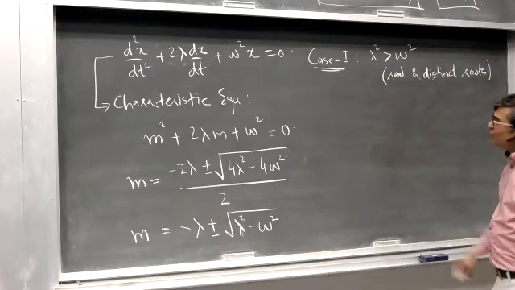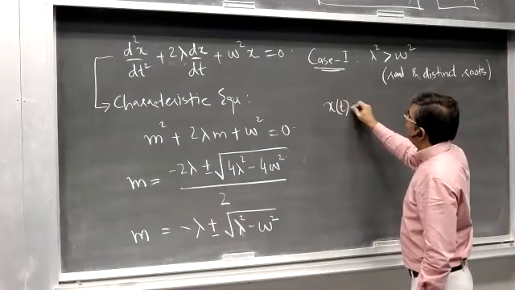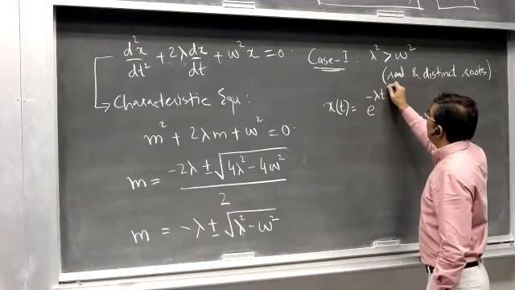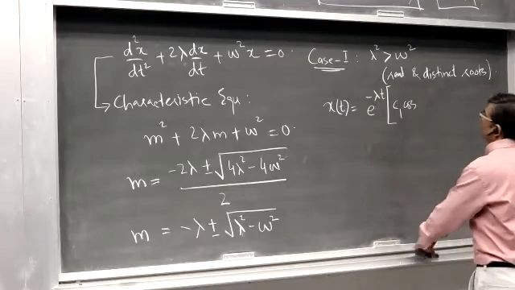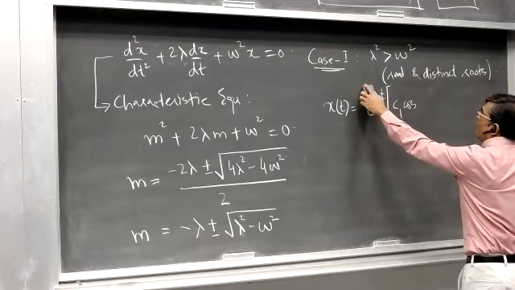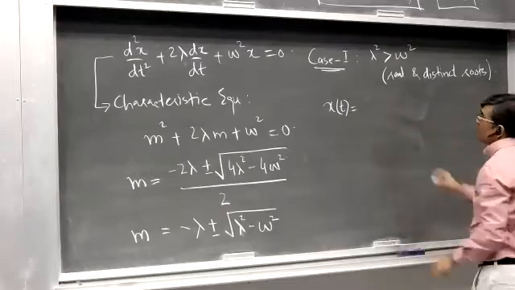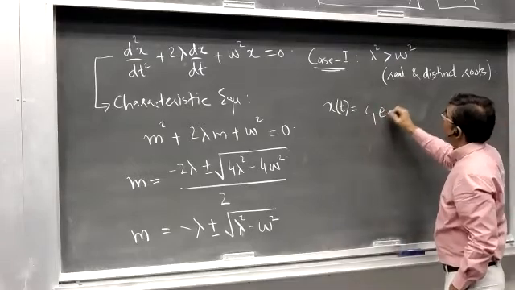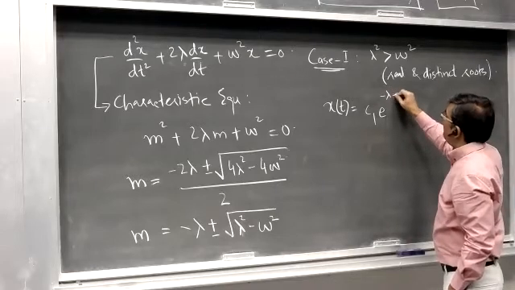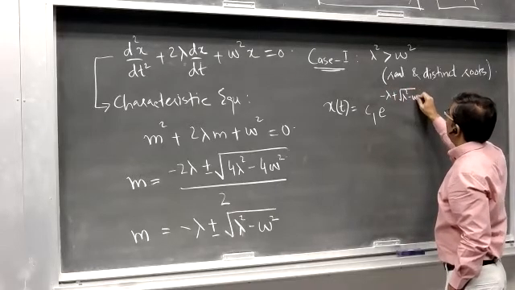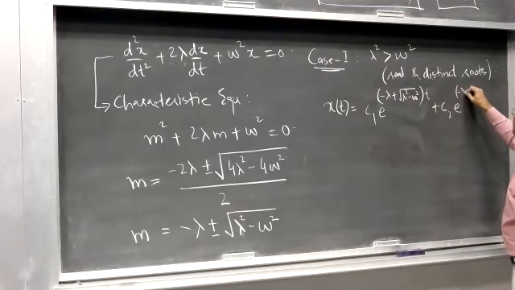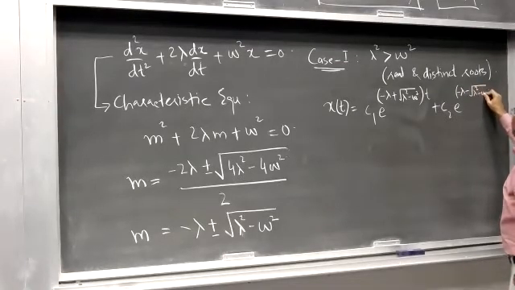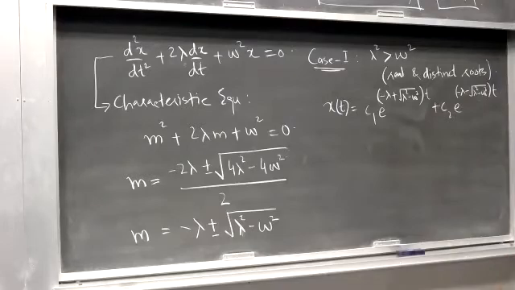When we have real and distinct roots, we can write the general solution as x of t is equal to c1 e raised power negative lambda plus under root lambda square minus omega square times t plus c2 e raised power negative lambda negative under root lambda square minus omega square times t. So this will be the general solution because the roots are real and distinct.